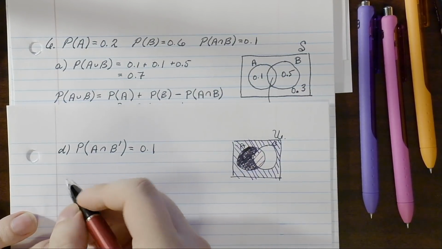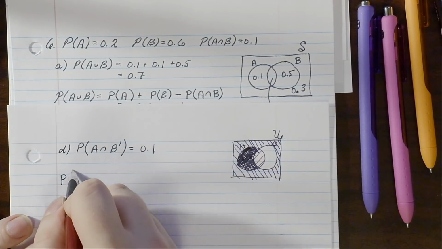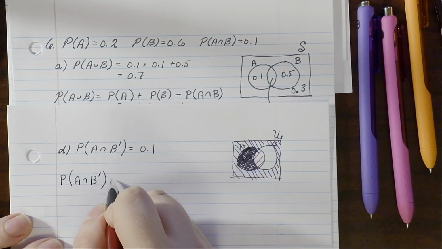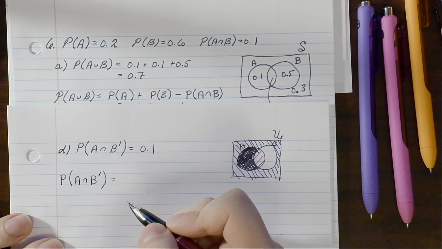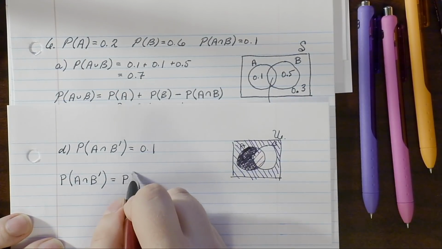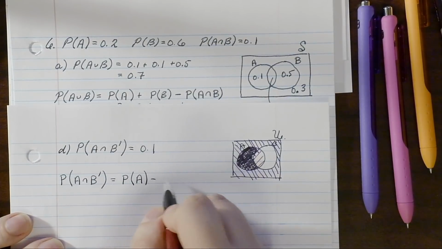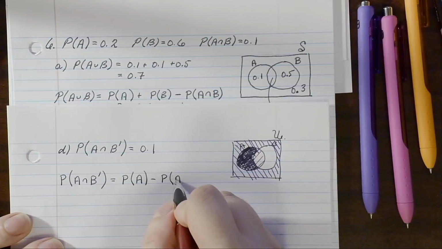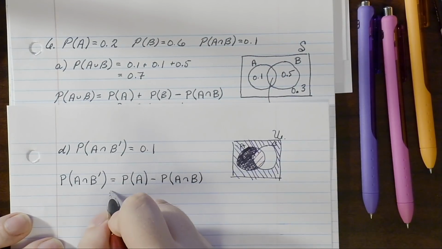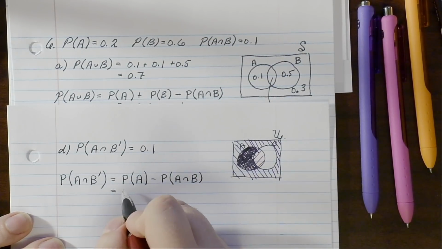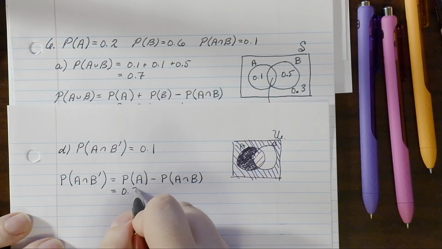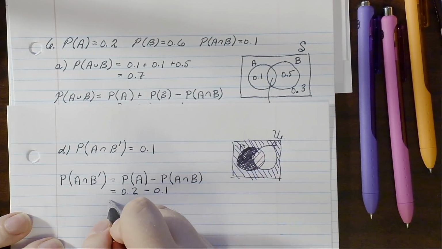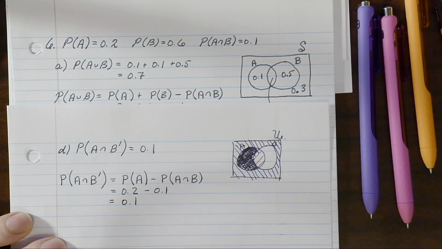So how would I do this with the formula? That's the probability of A minus the probability of that intersection, which is 0.2 minus 0.1, and I'm back to 0.1.